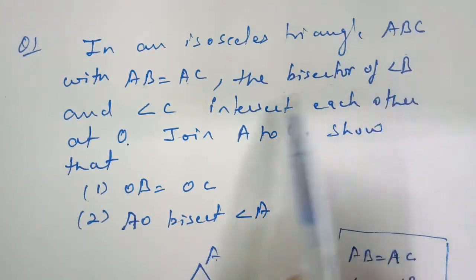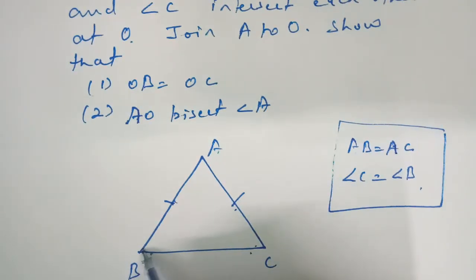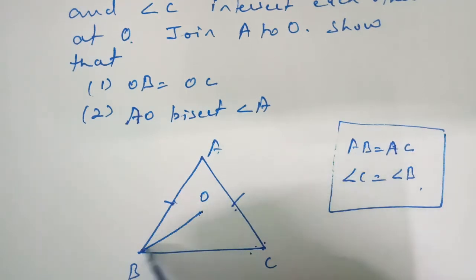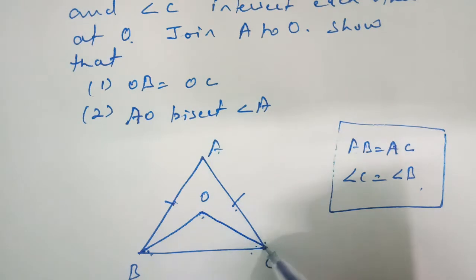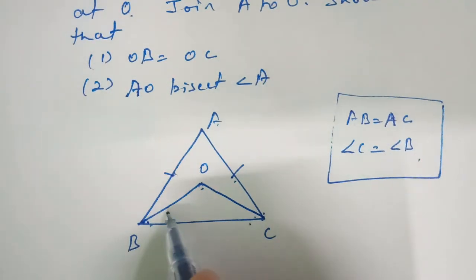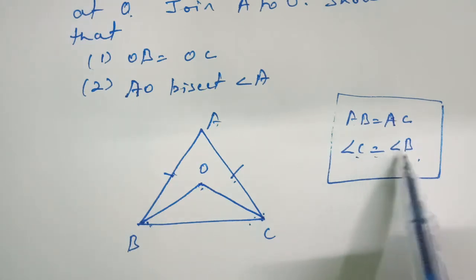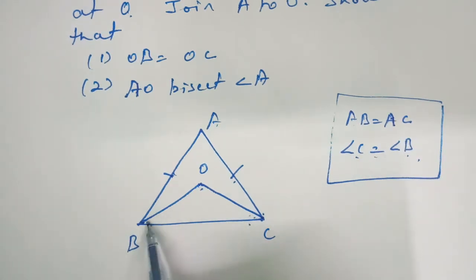The bisectors of angle B and angle C. Bisector means such a line which divides angle B into two parts and angle C into two parts. They are intersecting at the point O. So let us mark the point as O. BO is the bisector of angle B and CO is the bisector of angle C. Now just now we have learned angle C is equal to angle B. If these whole angles are equal, then their bisectors will also be equal.